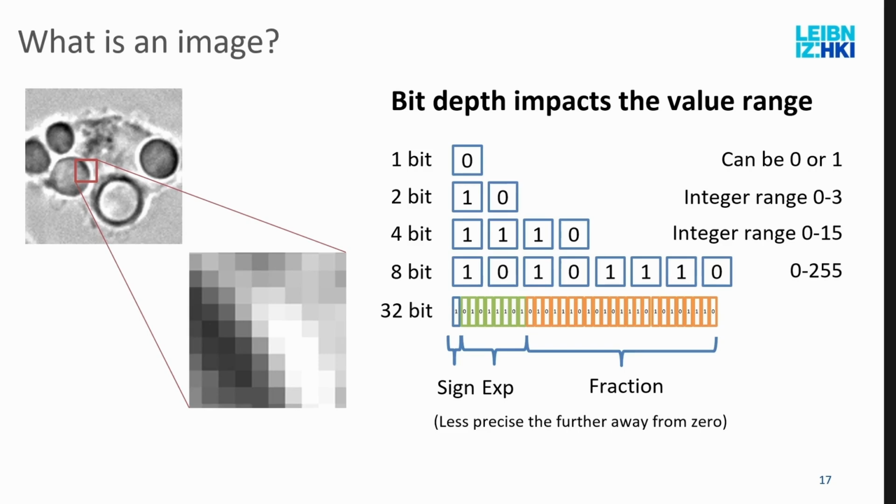This way it can represent a real number with comma values that is more or less theoretically negative to positive infinity, although less precise the further away from zero. And at some point the structure breaks because you have no space to store the number anymore, and then you get weird results. So better not reach the limits of these floating point numbers, but it's very unlikely that you will.